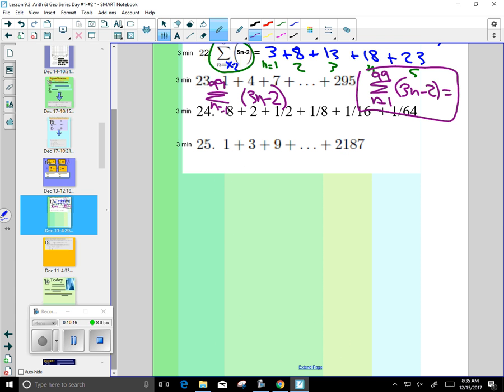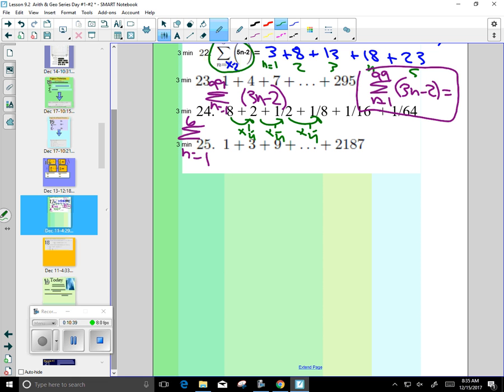All right, this one, 8, 2, 1/2, 1/8. We're going to do sigma n equals 1, 2, 3, 4, 5, 6. Now this one, the formula is, what are we doing each time here? My 1/4, okay?